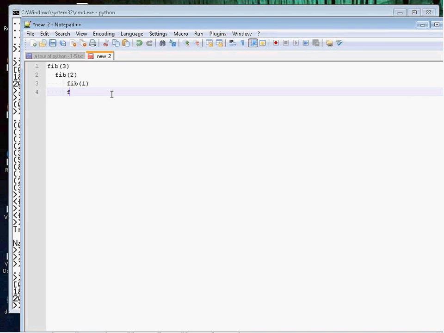In order to compute fib 3, you also end up recomputing fib 1. It doesn't look too bad. Compute fib 4. To compute fib 4, you have to compute fib 3, and you have to compute fib 2.